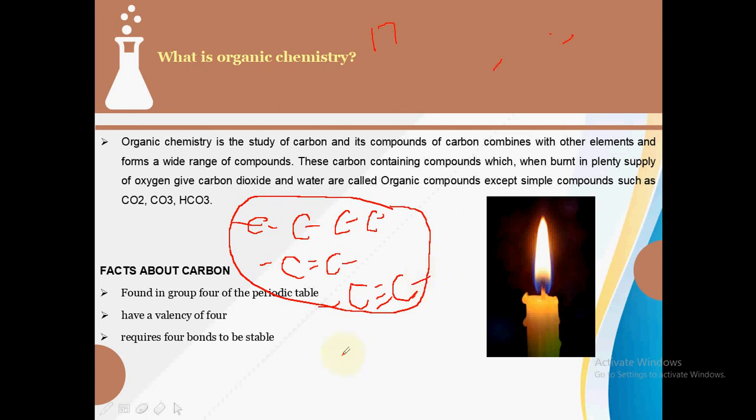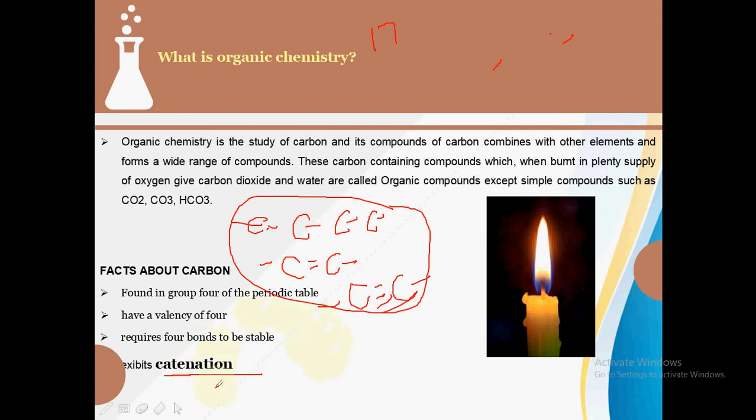So carbon exhibits catenation as a property. Catenation is simply defined as the ability of carbon atoms to form bonds to each other through single, double, or triple bonds, to form straight chains, branched chains, or rings of different substances.